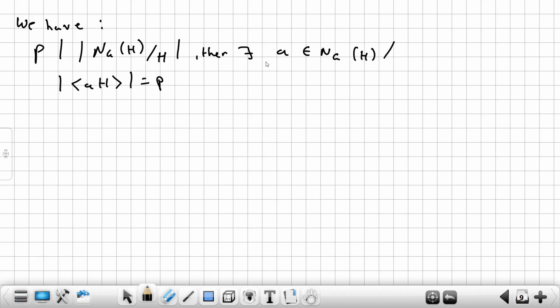That's Cauchy's theorem. aH is cyclic, of course, equal to {H, aH, ..., a^(p-1)H}.